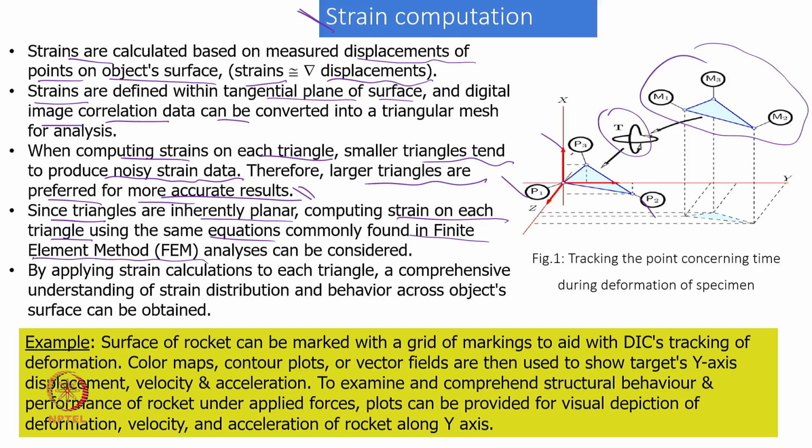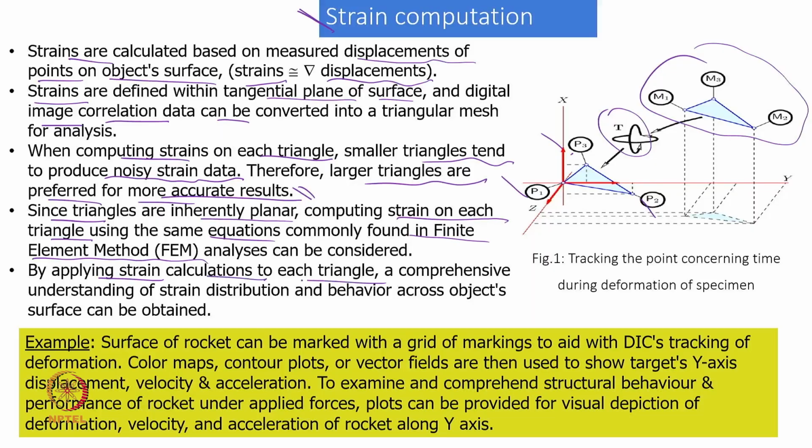So, we do not really require a separate kind of algorithm. Finite element algorithms or software can be utilized with this kind of method. By applying strain calculation on each triangle, a comprehensive understanding of strain distribution and behavior across the object surface can be obtained. This is what I mentioned.